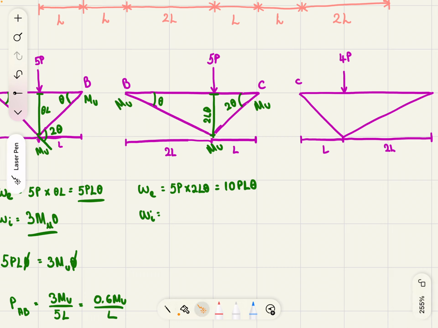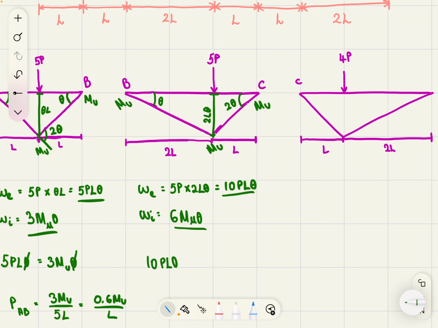Mu here, Mu here, Mu here. We're going to add up for the internal work 2 Mu theta plus Mu times, this is going to be 3 theta, plus Mu theta. So we're going to have 6 Mu theta.